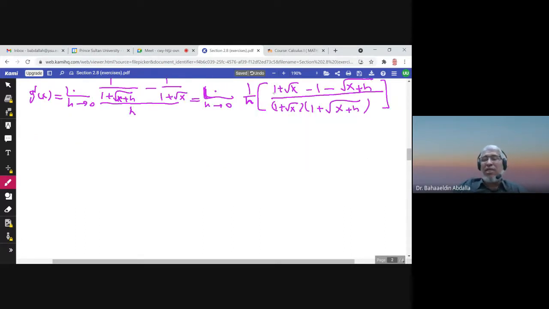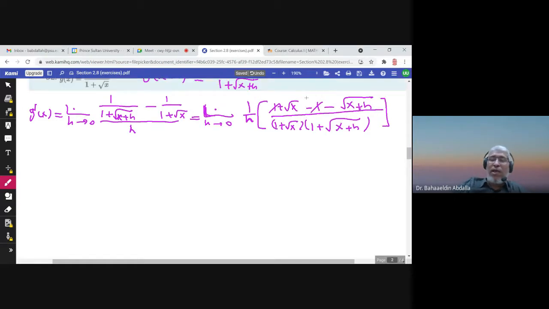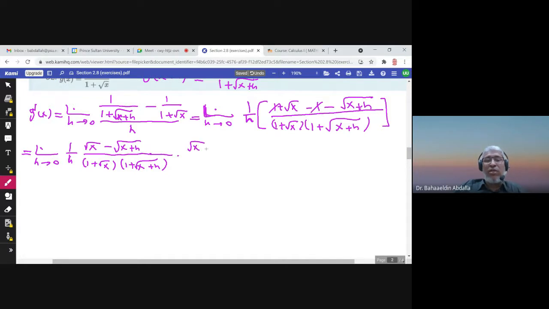Now 1 cancels with 1. And how can I proceed? How can I continue? Well, I have square root of x minus square root of x plus h in the numerator. So I will multiply by the conjugate. In the denominator, I have these two. I will multiply by the conjugate of square root of x minus square root of x plus h.